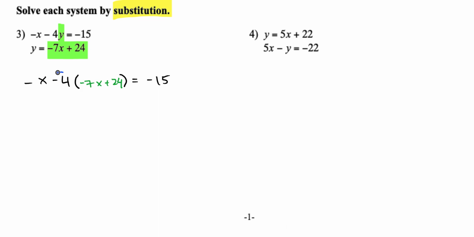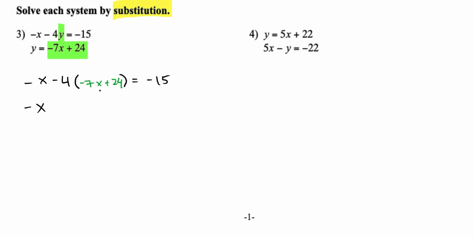I'm going to take my negative 4 and distribute it into all of the terms that are inside my parentheses. So I have negative x, that part stays the same.